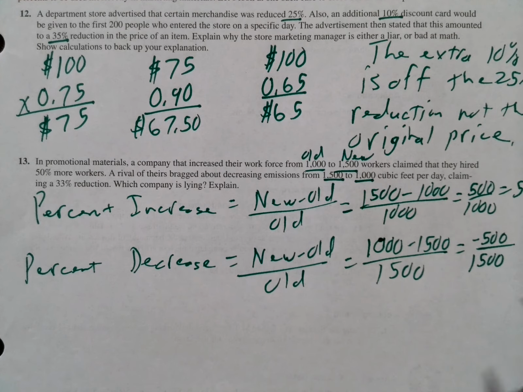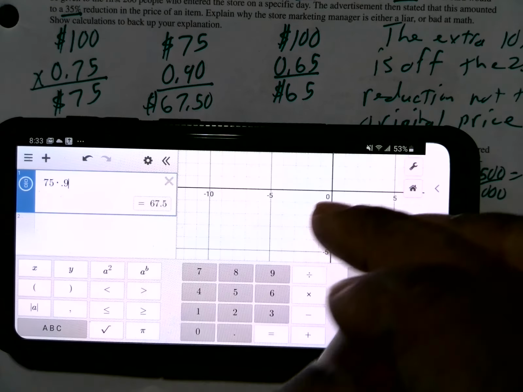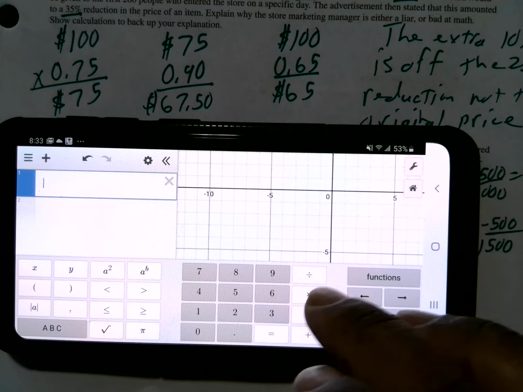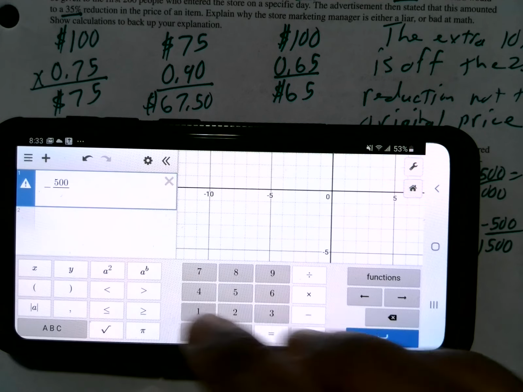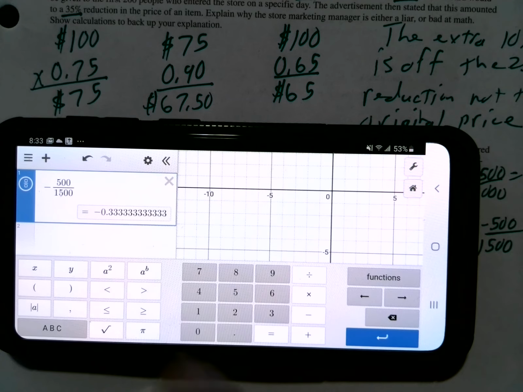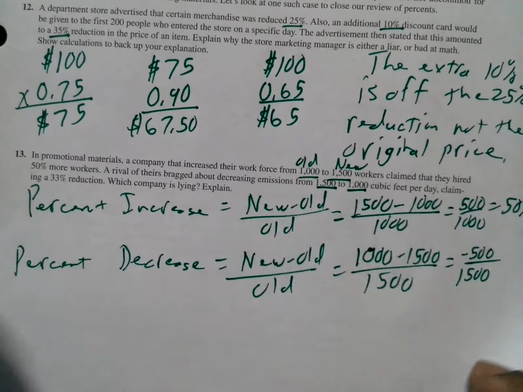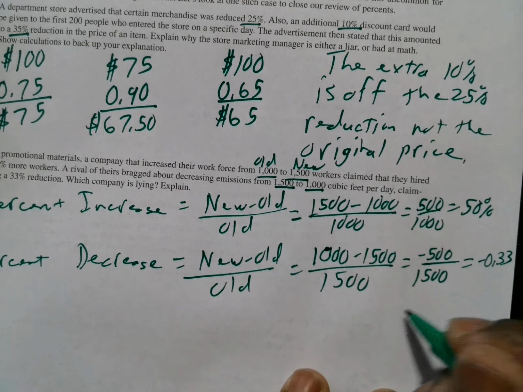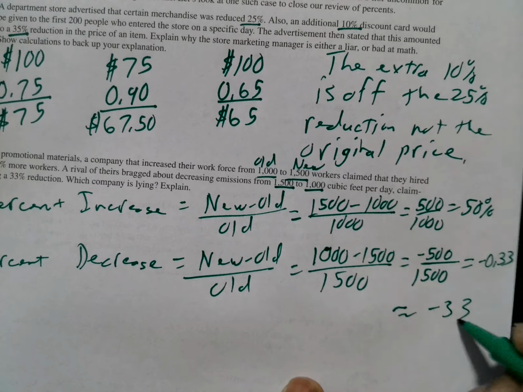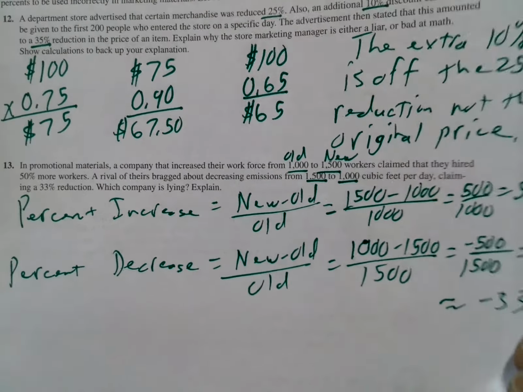Now, when you put this in your calculator, which I'll show here, it'll be a negative 500 divided by 1,500. And if you notice, it gives you a negative 0 point and repeating threes. So that is approximately, if we round it to 2 decimal places, a negative 0.33, which is approximately a negative 33%, which is a 33% reduction.